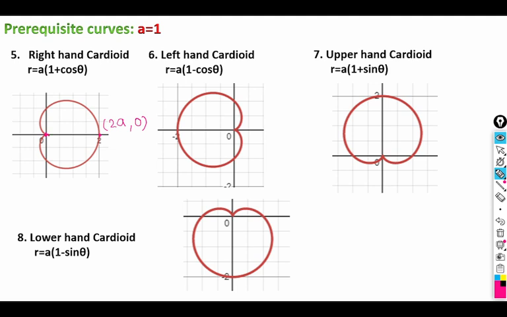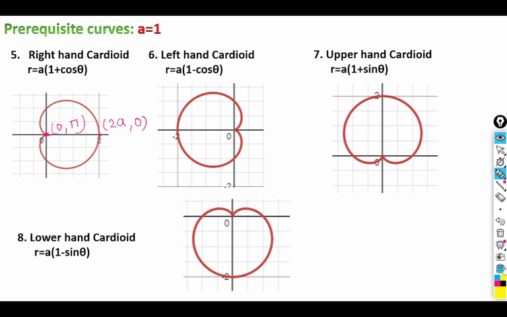When r is 0, 1 plus cos theta is 0, that means cos theta is minus 1, when theta is pi. So the coordinates of the origin are r is 0, theta is pi.